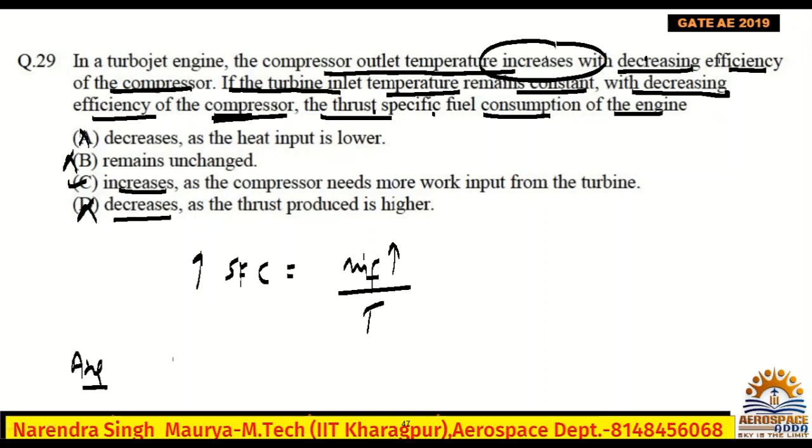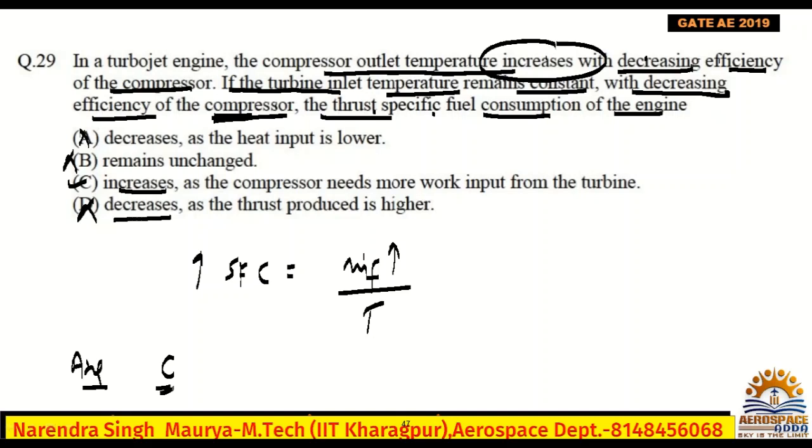I hope you understood now. Whatever explanation I have given, I hope you understood, because it's a simple one. You just analyze the things. This is related to optimization of engines, turbojet engine, turbofan engine, like how we can increase thrust and how we can decrease SFC. Because with more SFC you are burning more fuel, and you don't want that.